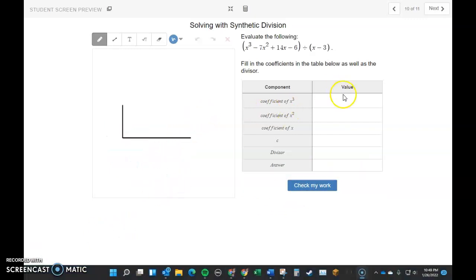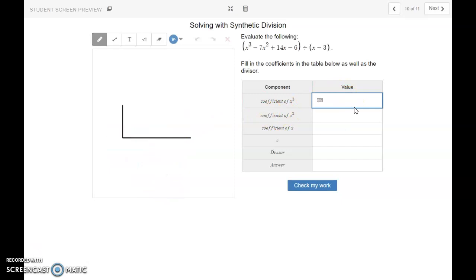So I'll show you one more where I can get you started, but I want you to finish the answer on your own. So I'll put in our coefficients here. Alright, so over here you're going to be drawing 3 times 1 is 3. Negative 7 plus 3 is negative 4.